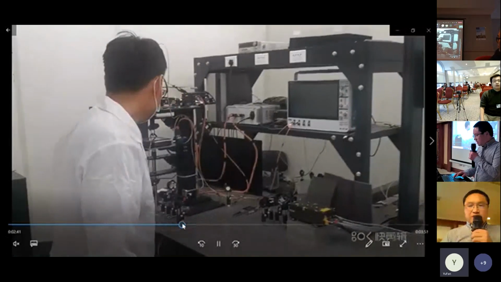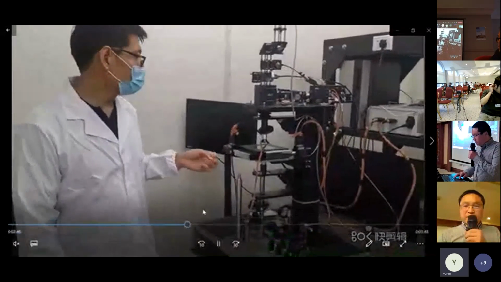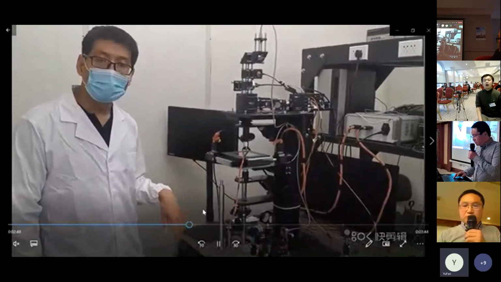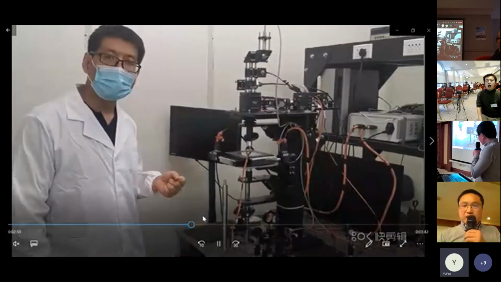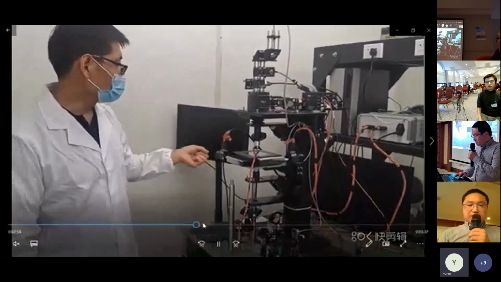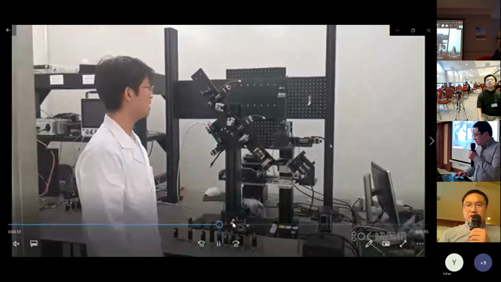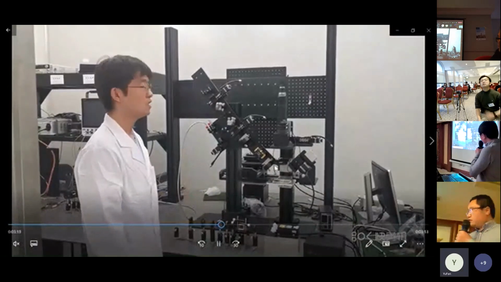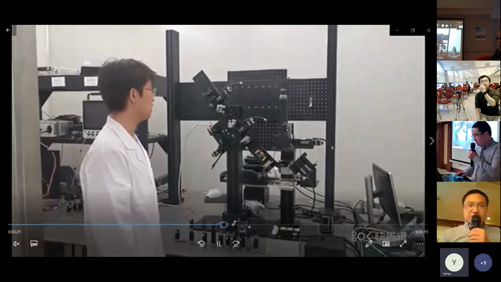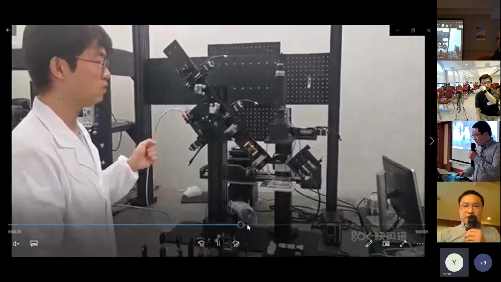Here are some systems developed by our group. The multimodality optical imaging and photoacoustic imaging system, and also another prototype based on this technique.